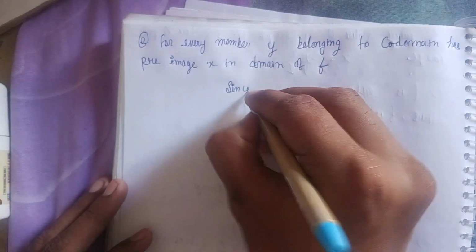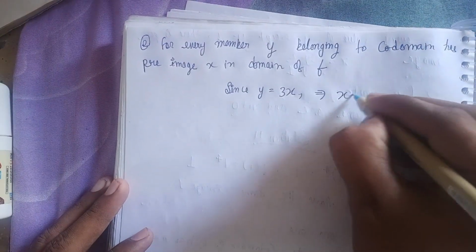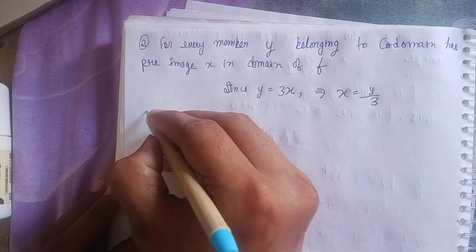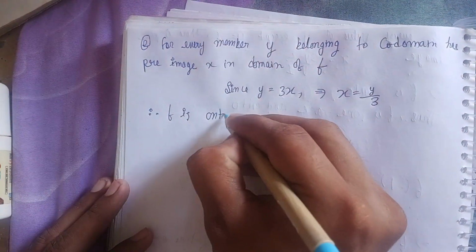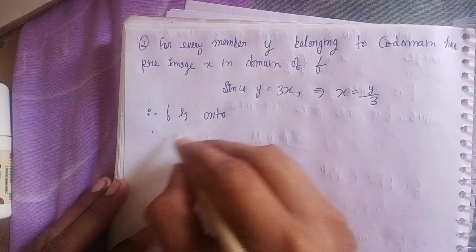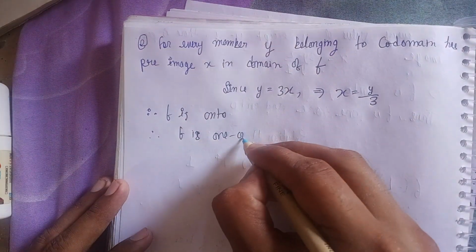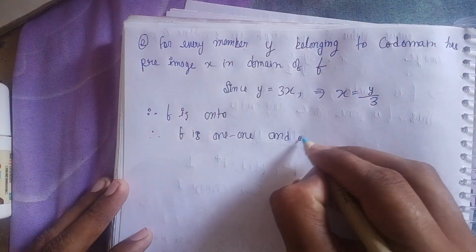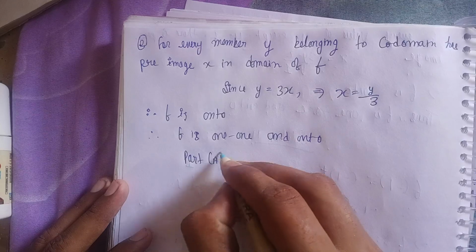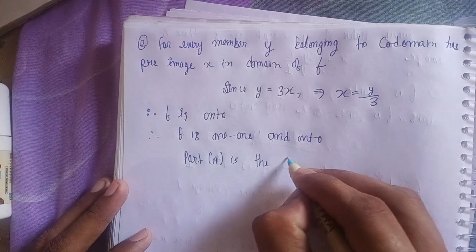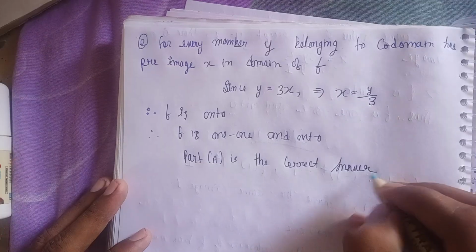Since y is equal to 3x, therefore x is equal to y upon 3. Therefore f is onto. Therefore f is one-one and onto. Hence part A is the correct answer.